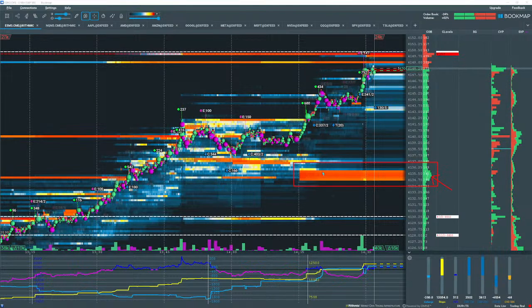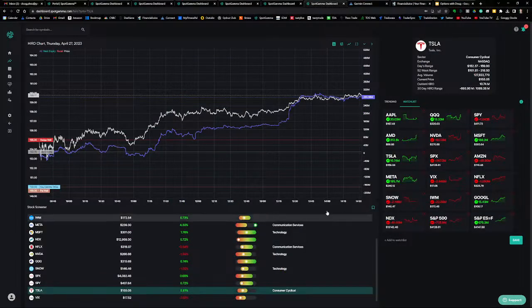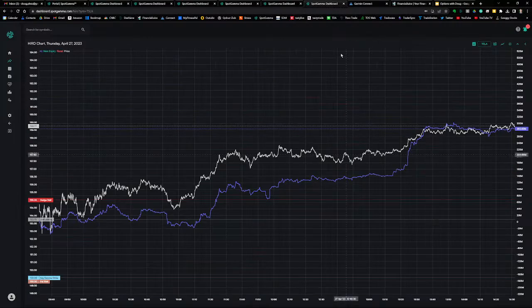And Truman asked, was the call buying lagging price on Tesla around 11 a.m.? So let's go back to Hero and take a look at that. Go to Tesla, let's zoom in.